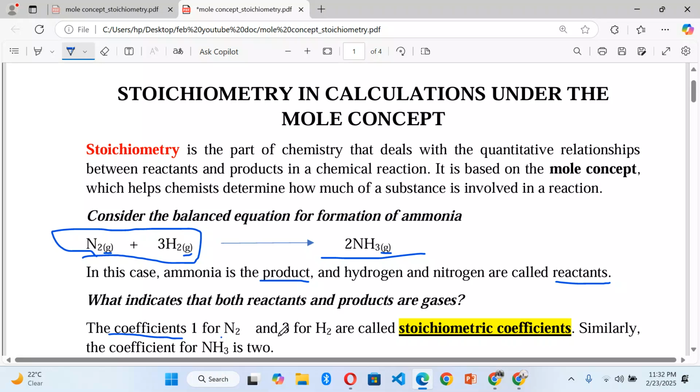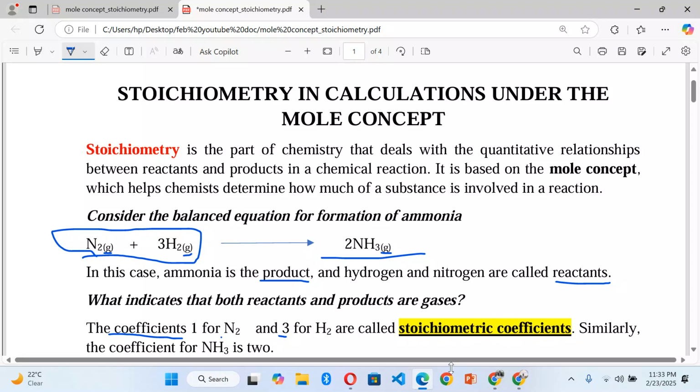The number on the left hand side of any species of any substance is what we call the coefficient. So all these values, the 1 and the 3, are called the stoichiometric coefficients.